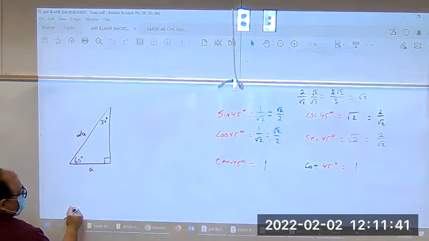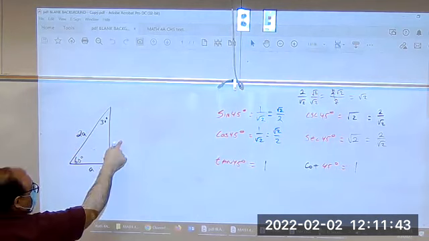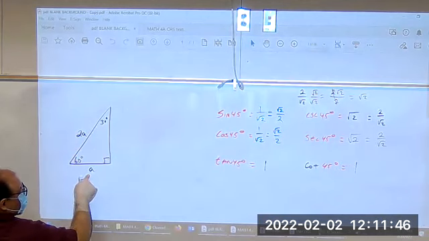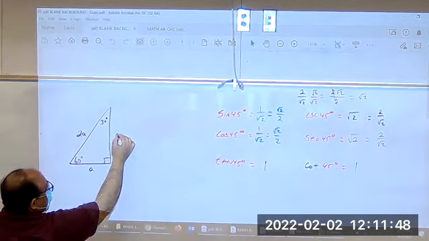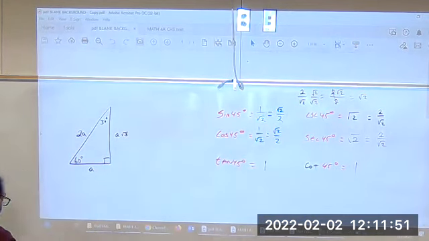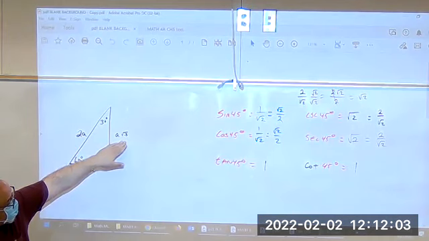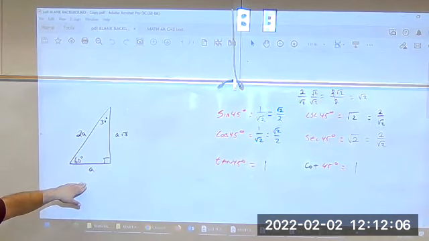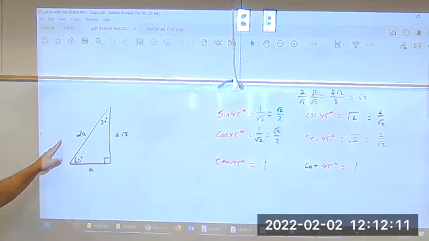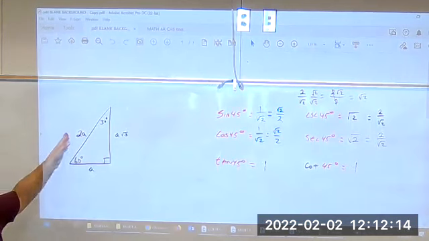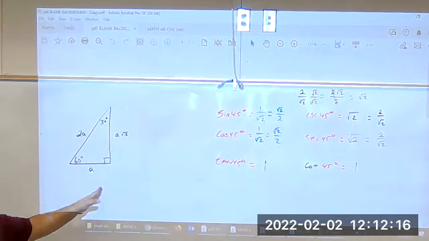This is 1a. And the long leg is square root 3 times the short leg. So if this is a, this is a times square root 3. That's the key. The hypotenuse is twice the short leg, and the long leg is square root 3 times the short leg. It's all about going through the short leg. It's not real simple to just go from hypotenuse to long leg. You want to go through the short leg.